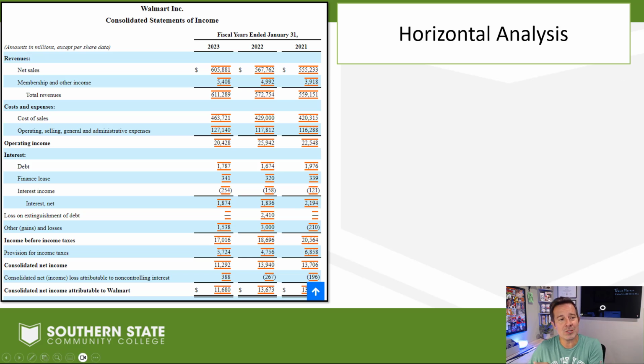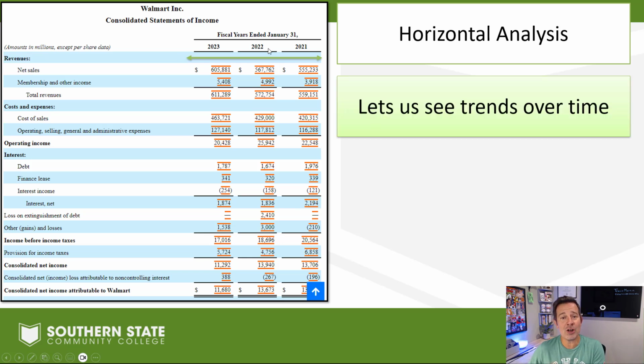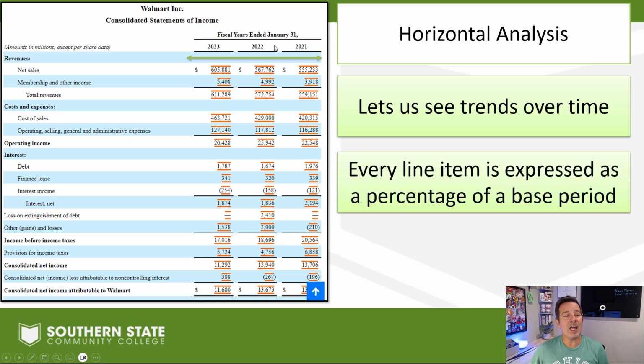When we say horizontal analysis, we were talking about going left to right or right to left on the financial statement. And we were looking at those year-over-year trends and trying to show them as a percentage. And we'd say, okay, well, net sales went up 9.1% from 2021 to 2023 at Walmart, for instance. We take every line item or every account on the financial statements and we express them as a percentage of a base period.